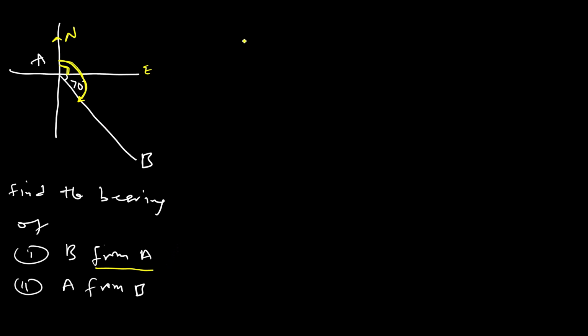We know this side is 90, so straight away, 90 degrees plus 70 is 160 degrees. It means the bearing of B from A is 160 degrees. Very simple. What of the bearing of A from B?